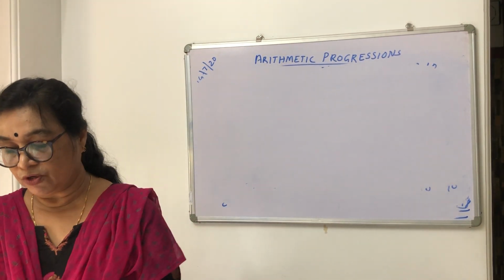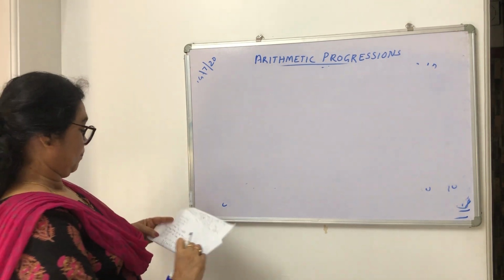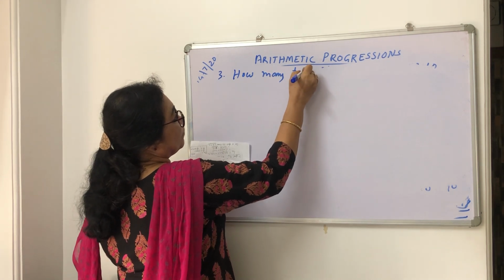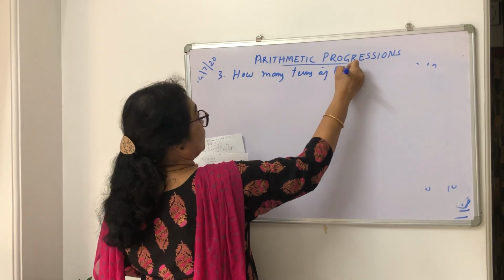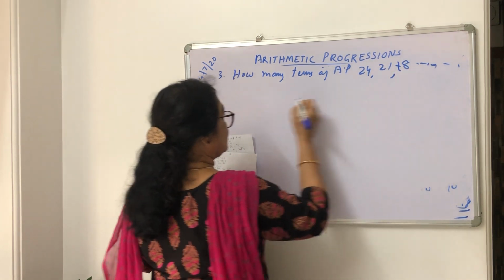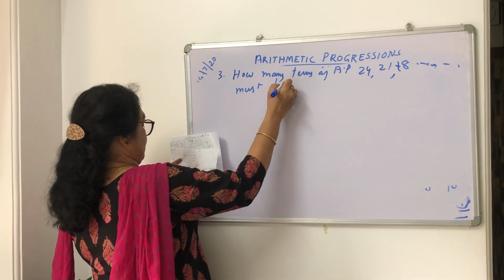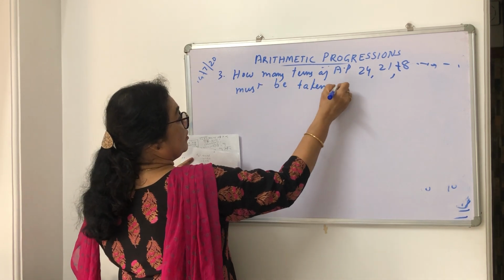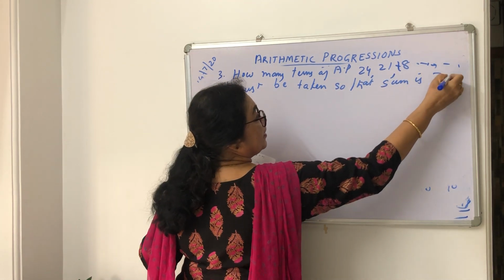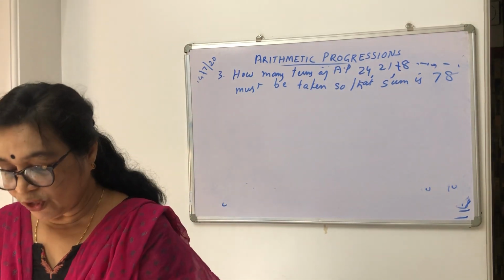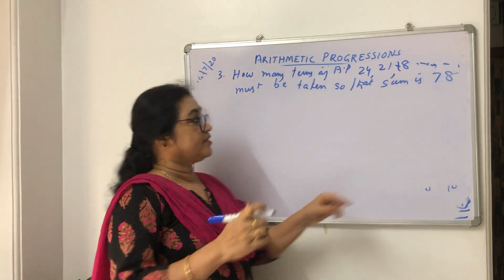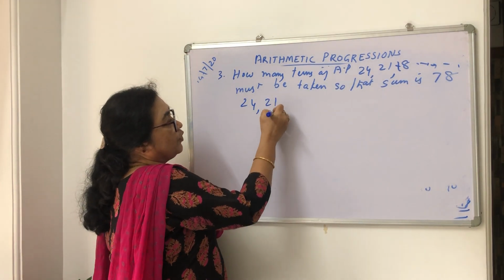Now, how many terms of the AP 24, 21, 18, and so on must be taken so that the sum is 78? We don't know how many terms we have to take to get the sum 78. So our AP is 24, 21, 18.